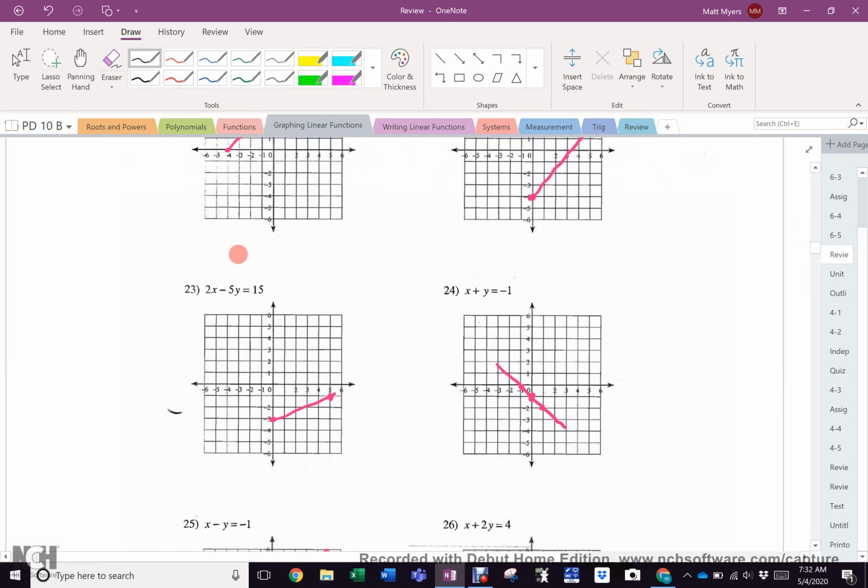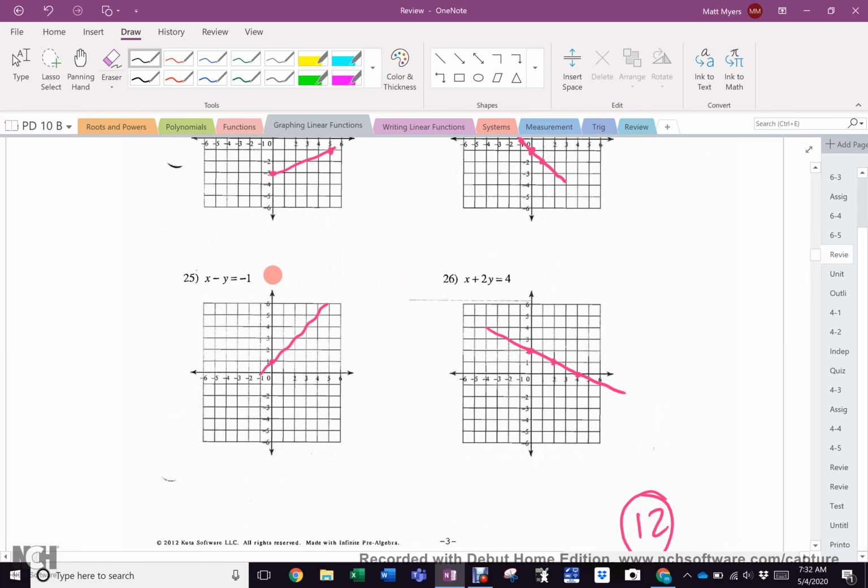Remember, all you're doing is isolating y. 2x minus 15 equals 5y. So I have the y over here and it's isolated. 2/5 x minus 3 equals y. Y equals negative x minus 1.